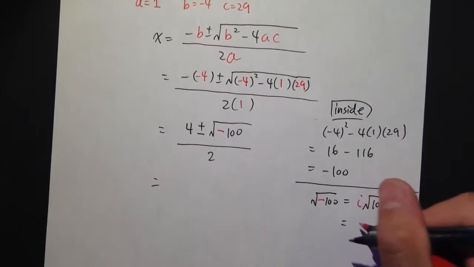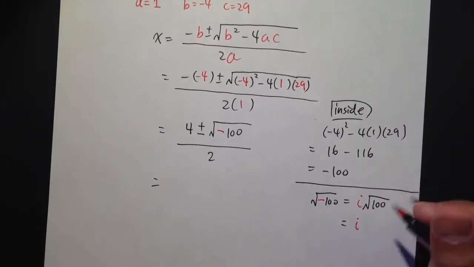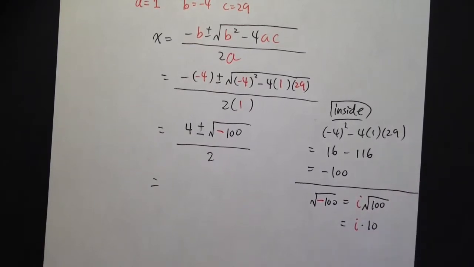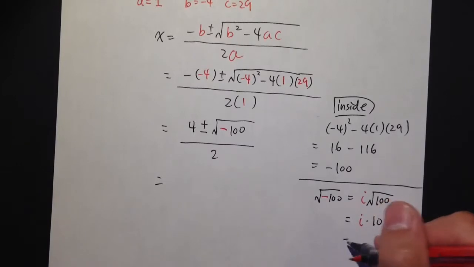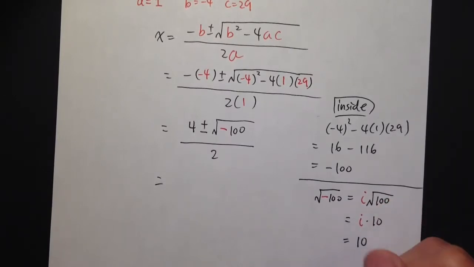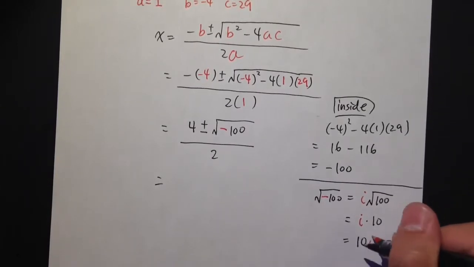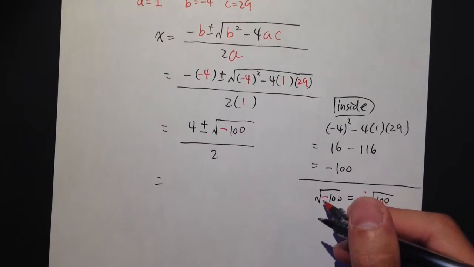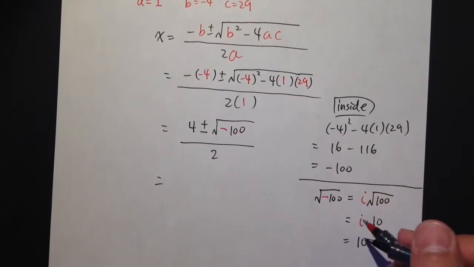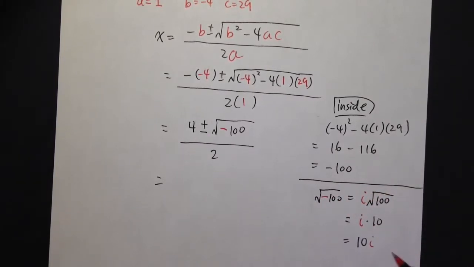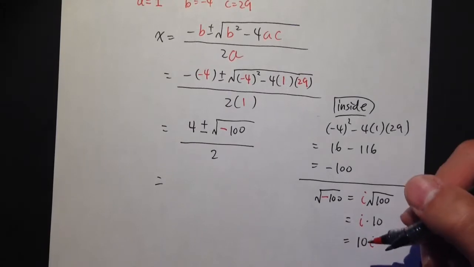So we will have an i times 10, right? Of course, we should always write a number before any letters, so we can write it as 10 times i. So we have 10i here. So square root of negative 100 is just 10i. i is again the imaginary number.